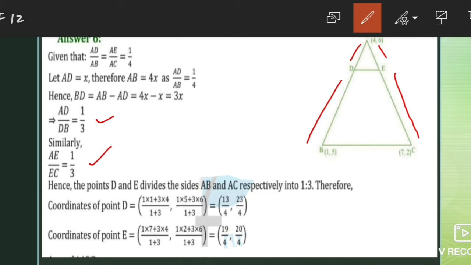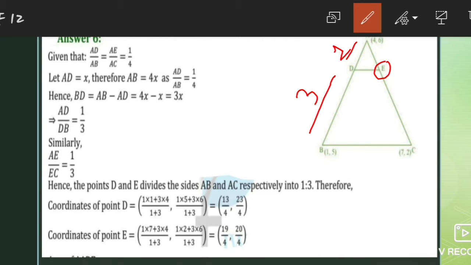That means this point D divides the line AB in the ratio 1 is to 3, and similarly this point E divides the line AC in the ratio 1 is to 3. This part is 1 and this part is 3.